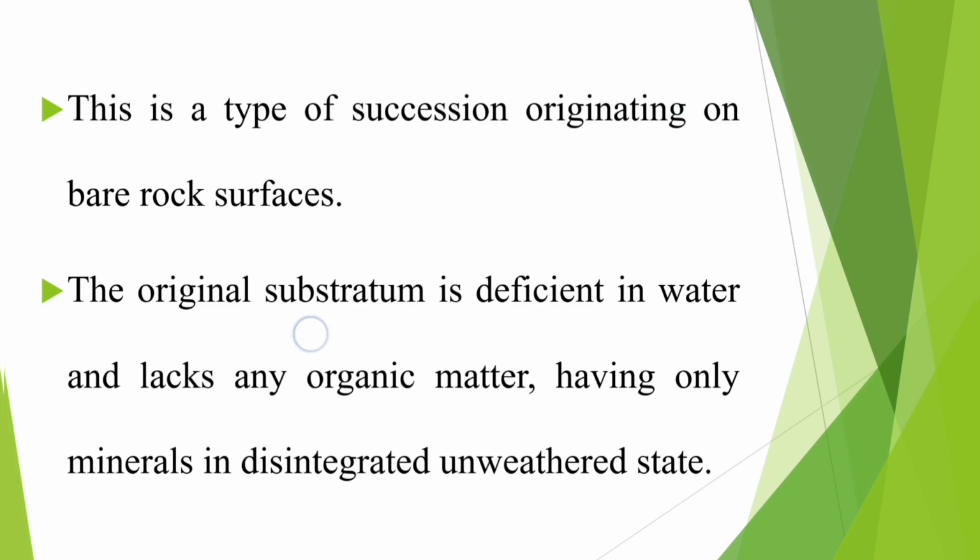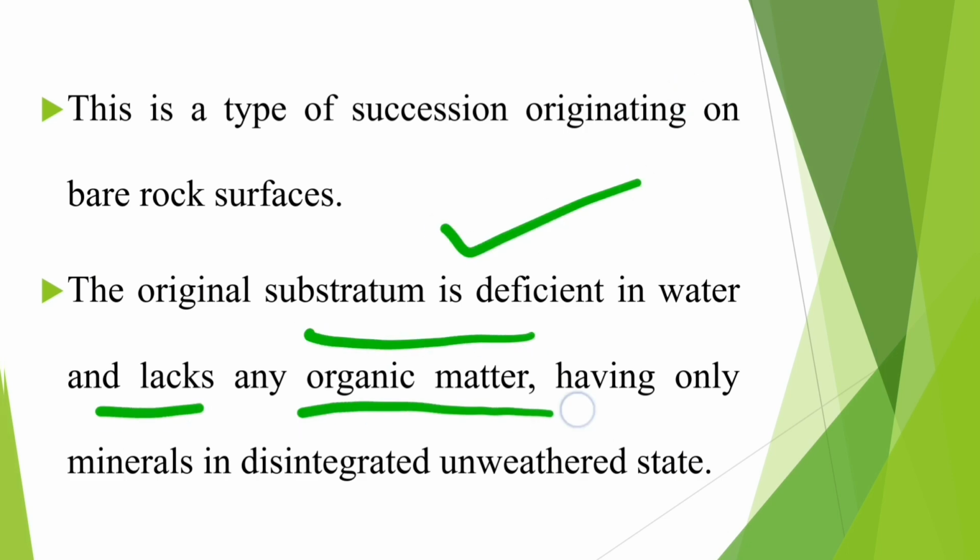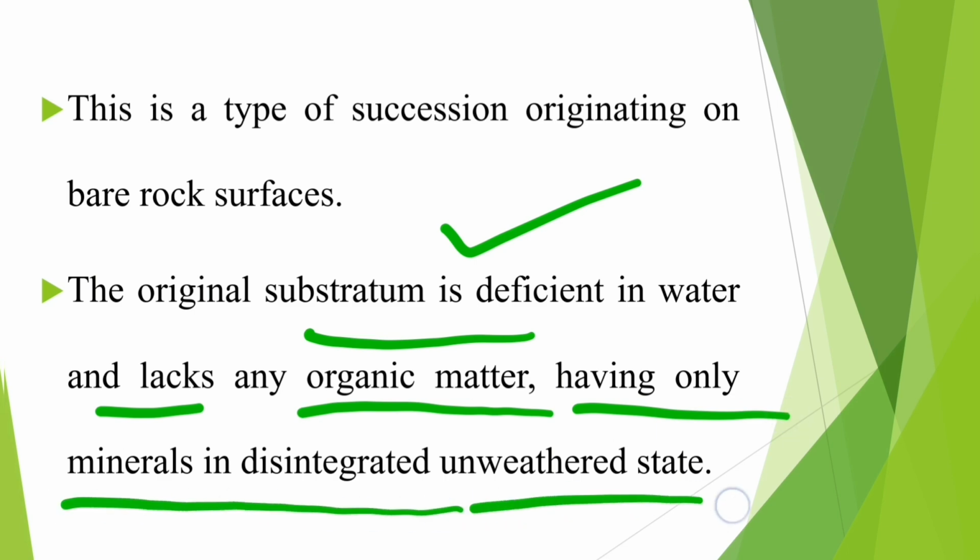The original substratum is deficient in water and lacks any organic matter, having only minerals in a disintegrated, unweathered state. So Xerosere starts from land where there is a scarcity of water, on a substratum which lacks water and other organic material. It starts from a terrestrial land or a bare rock.